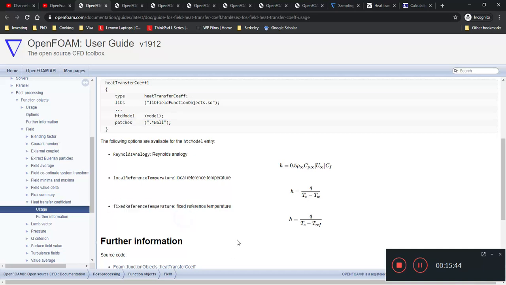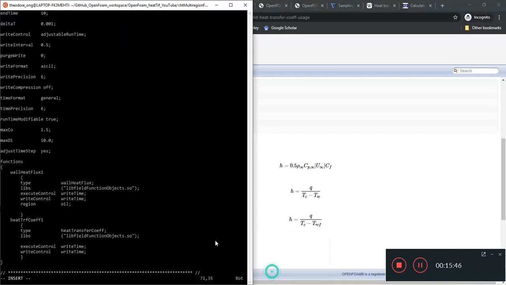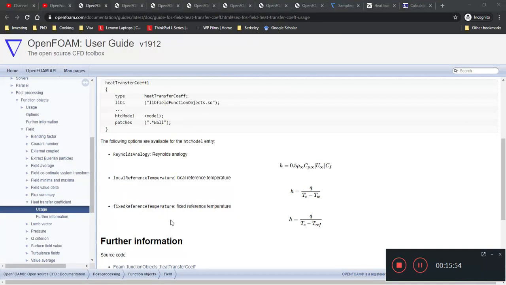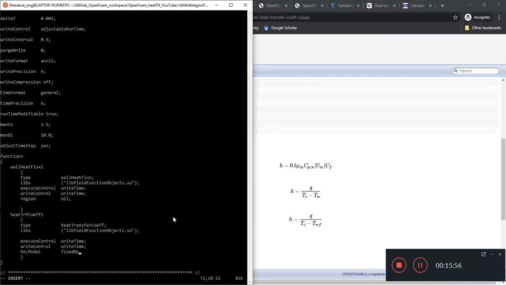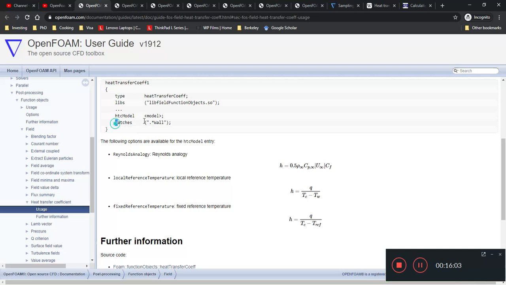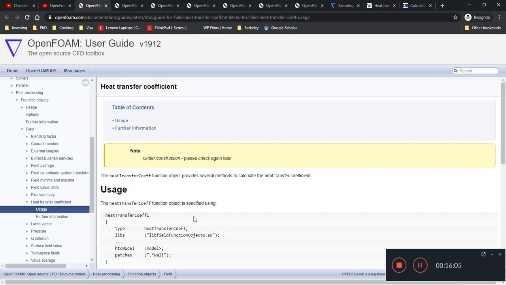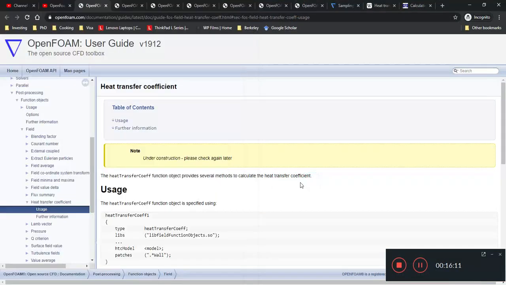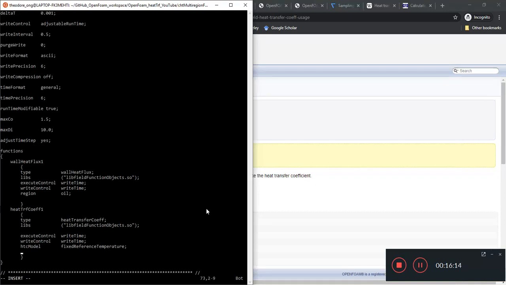Okay, so HTC model will be fixed reference temperature. Okay, so that's that, and we'll want the proper patch, and the patch we want to use, of course, is the oil to sphere patch. So we'll need a patches entry, and one will be called oil to sphere.